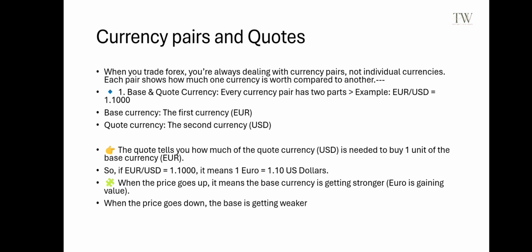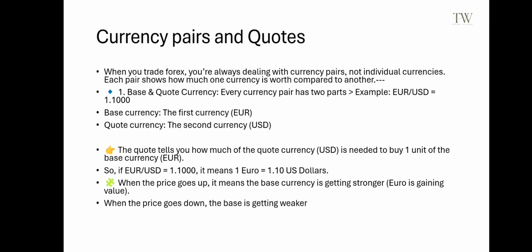Now, the quote tells you how much of the quote currency you need to buy the base currency. It's telling you how much US dollar you need to buy just 1 unit of the euro.